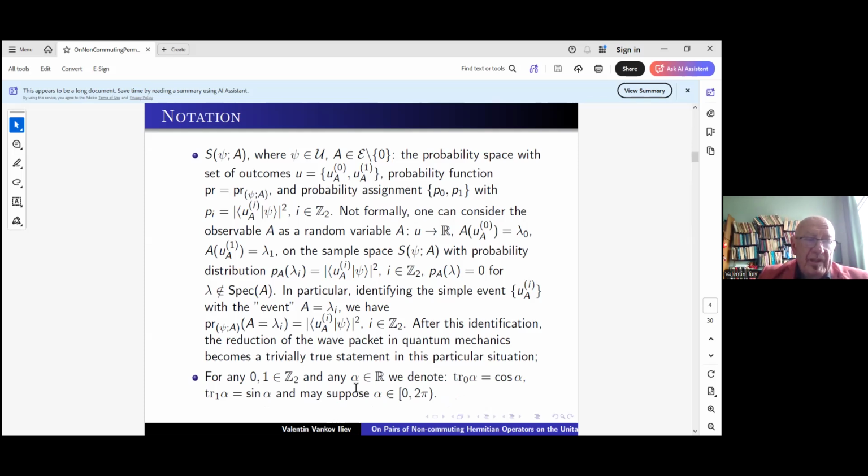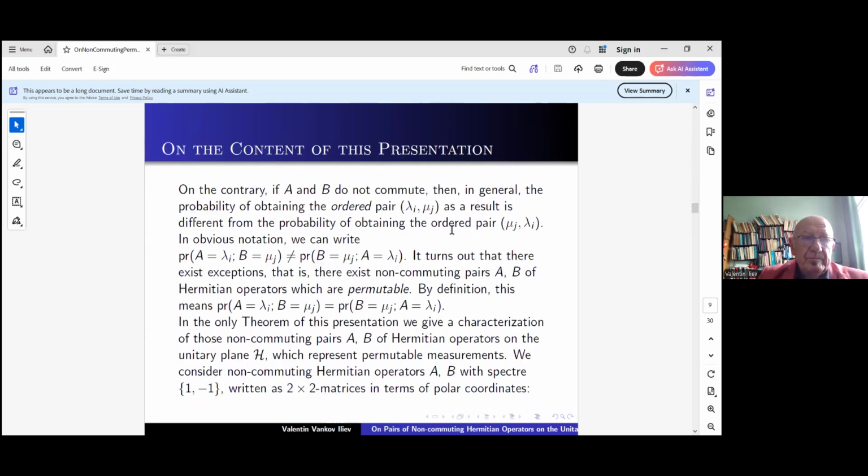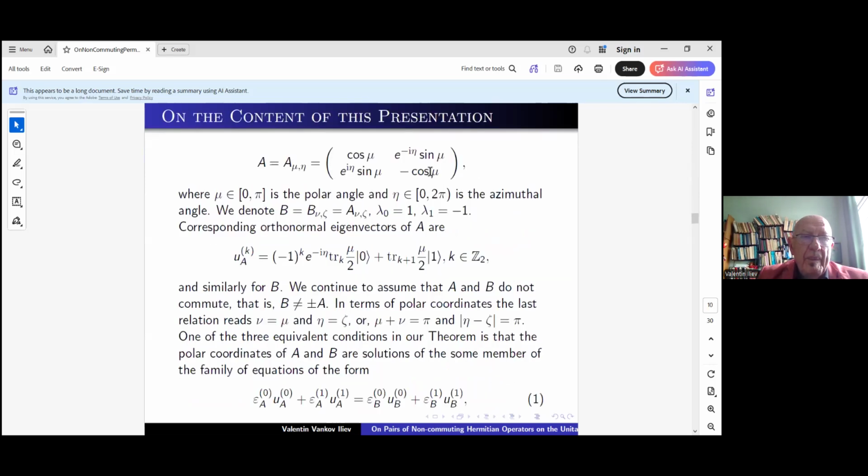So after introducing this notation, we can write down the corresponding orthonormal eigenvectors of A in this very symmetric form. And this is a kind of internal Z2 symmetry in the set of all trigonometric identities in planar trigonometry.